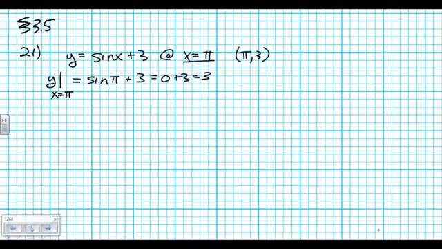What else do we need? You said we need the slope. I use m to signify the slope. And how are we going to find the slope? It's the value of the derivative when x equals pi. But you know what? I want to be more organized than this.